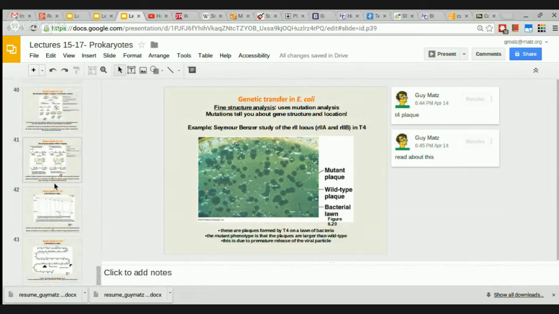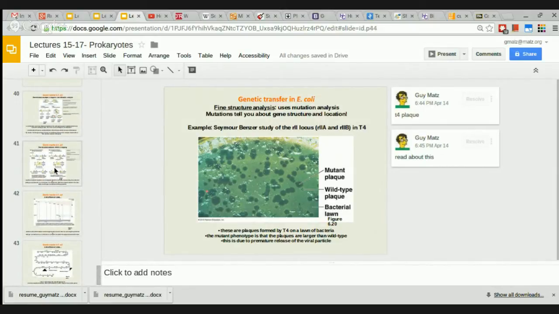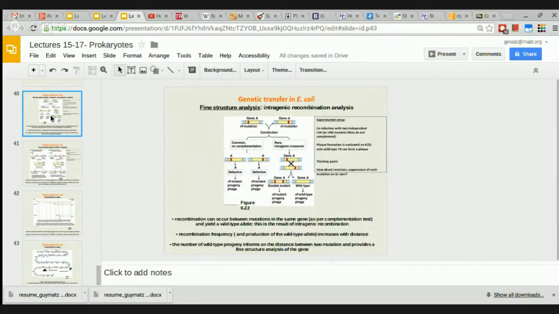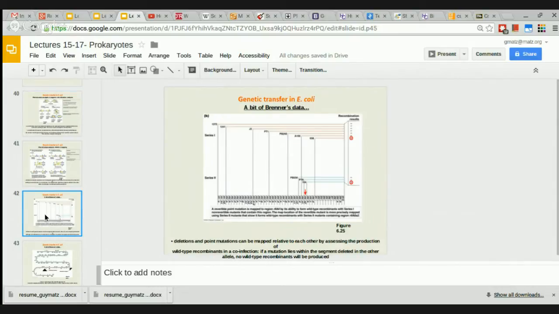The gist here is you can map mutations because if you co-infect with the deletion, if the mutations map outside of the deletion, then you're able to create the wild type. And this is a very easy assay because you're just asking if you have plaque formation. That's the general idea. This is how Brenner could recreate his map for the rIIA and rIIB loci. You have all these point mutations that he mapped relative to the deletions shown up here.